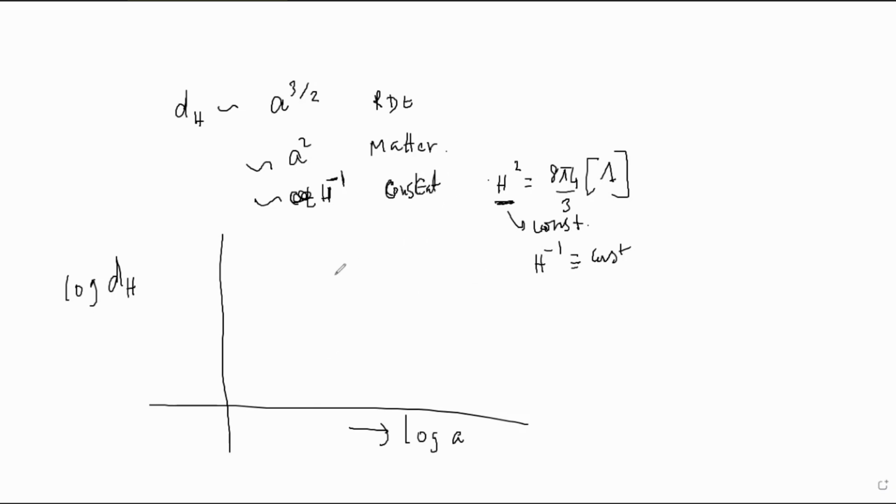Now I tell you, I have not proved to you that in the beginning the universe was dark energy dominated. So horizon size is constant. Then in the radiation dominated era the horizon size will go as A to the power 3 by 2, and then... sorry.